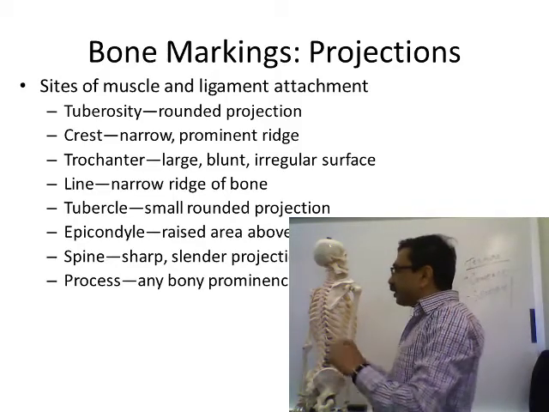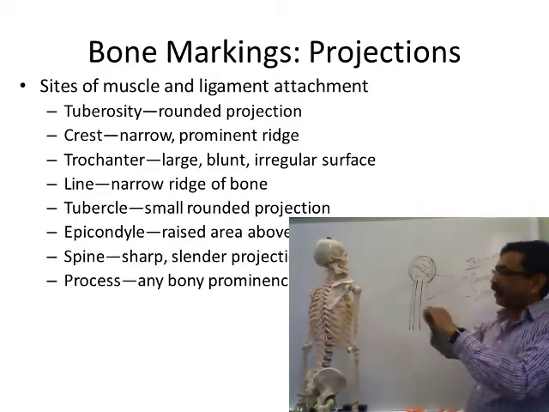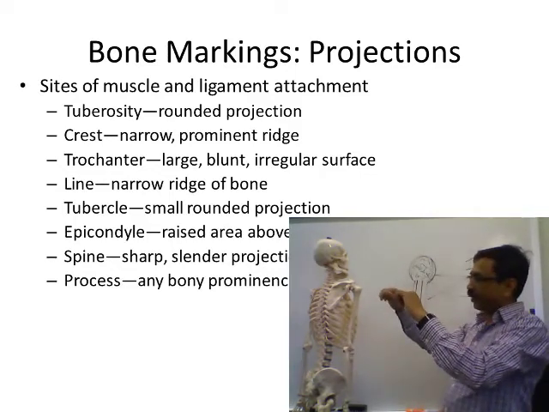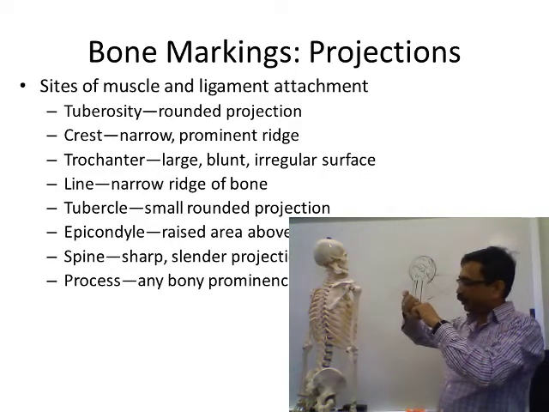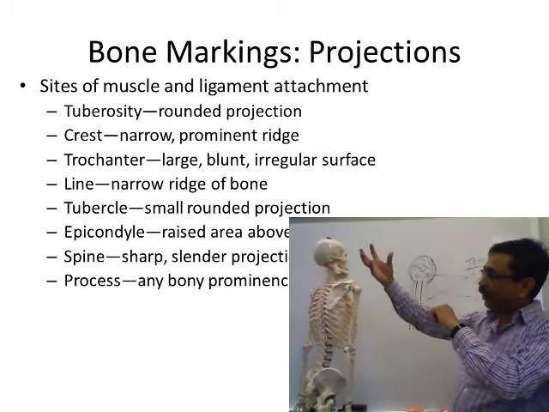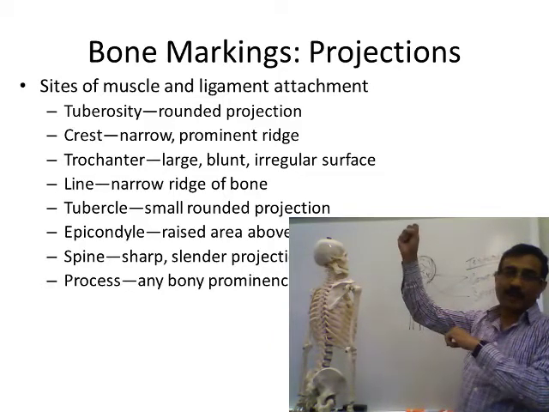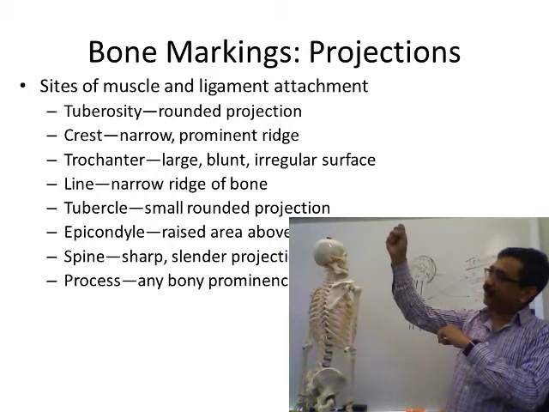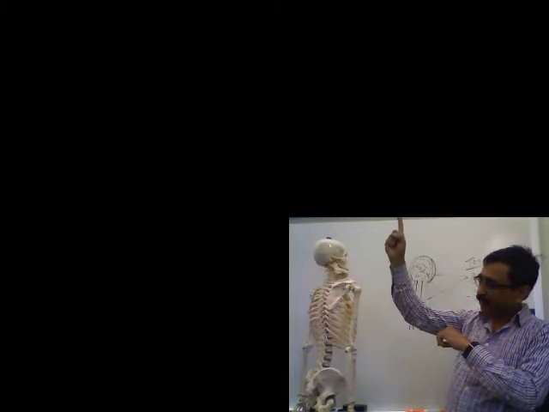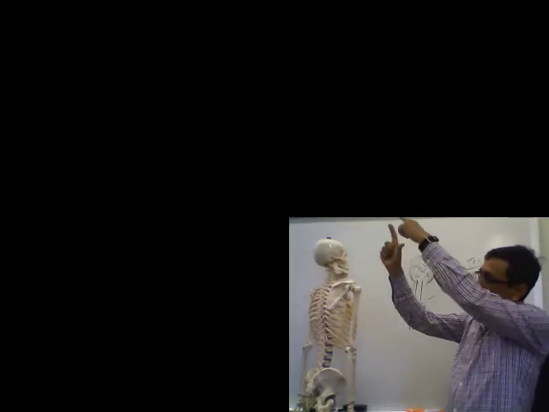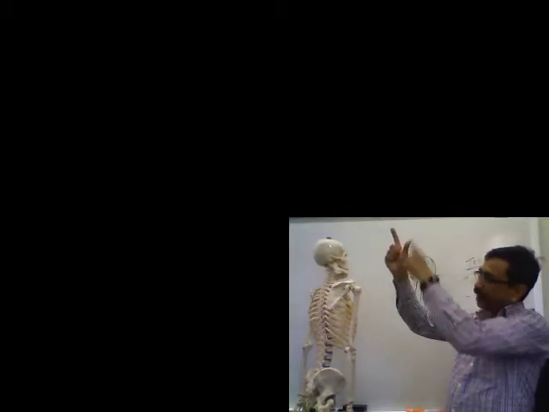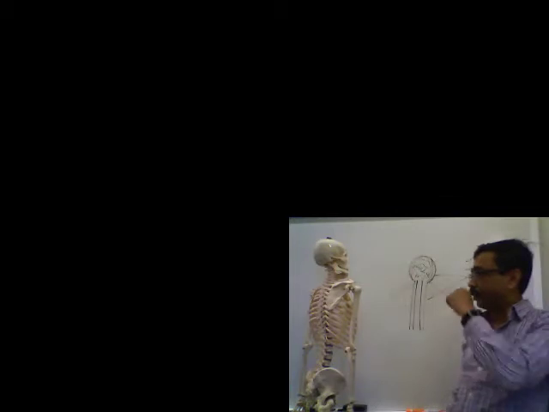Process. Any structure that gets out from the main part of the bone can be termed a process. So if this is the main part of the bone, and something sticks out like this, this can be termed a process. These are the processes that stick out from the main part of the bone.